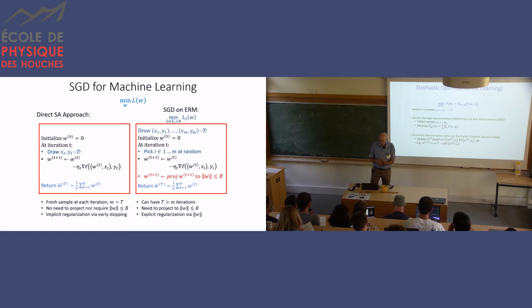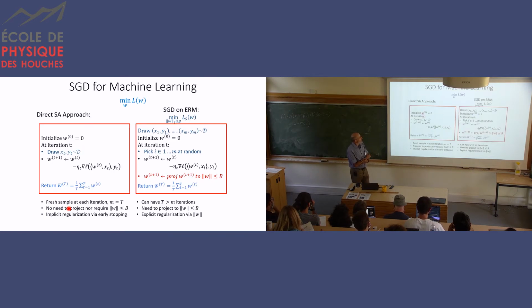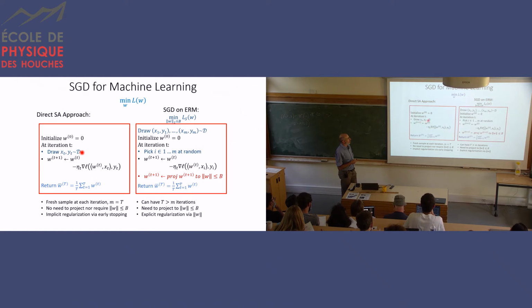We can take the direct stochastic approximation approach, which means we view our population objective as our optimization objective, and at each iteration we sample a point from the population and take a stochastic gradient step on it. At the end, and we'll get back to this later, instead of returning the last iterate, we have to return the average of the iterates, and we'll see in a second why.